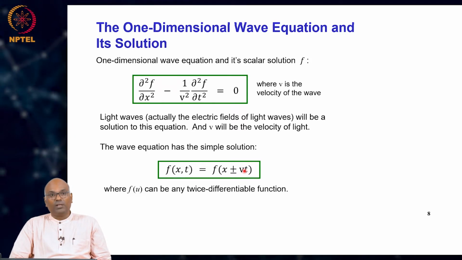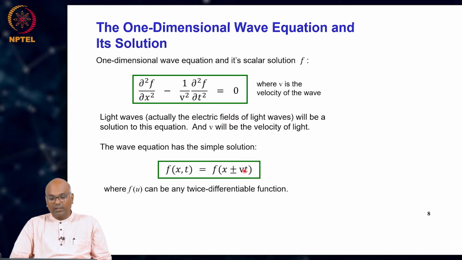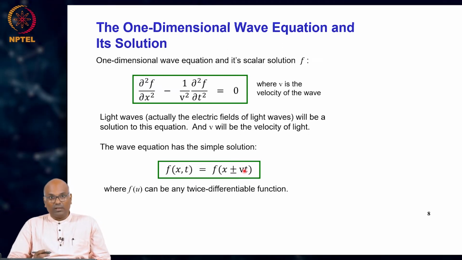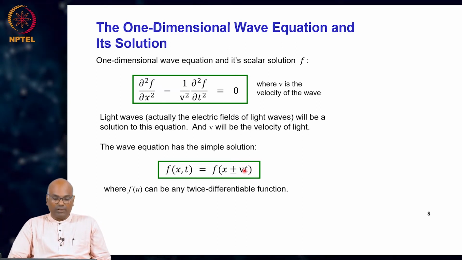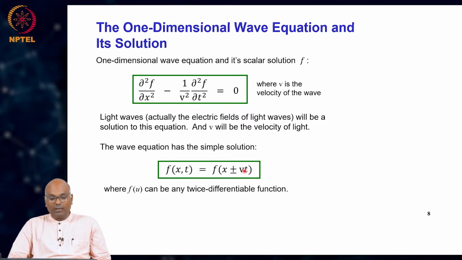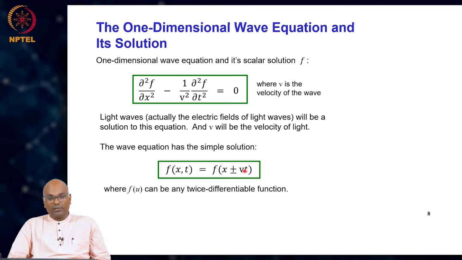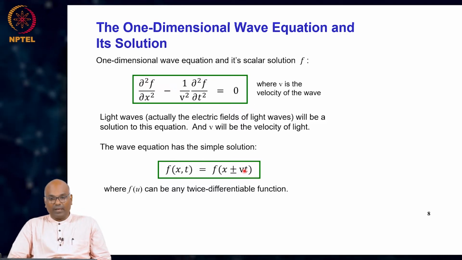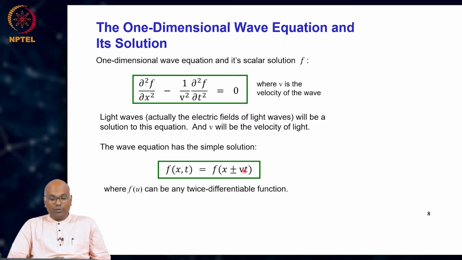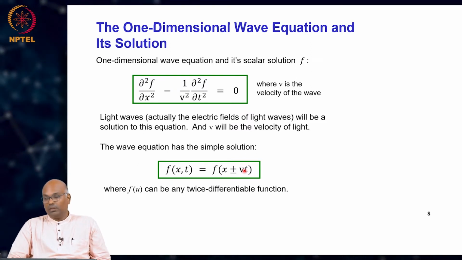So, v is of course positive definite, it is greater than 0, it is the magnitude of the velocity vector, and if the wave happens to propagate in the negative x direction, or the direction of decreasing values of x, then we have the solution to be x plus v t.